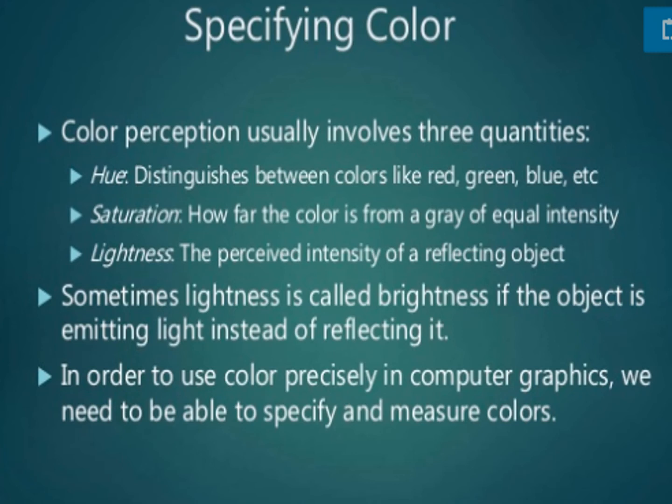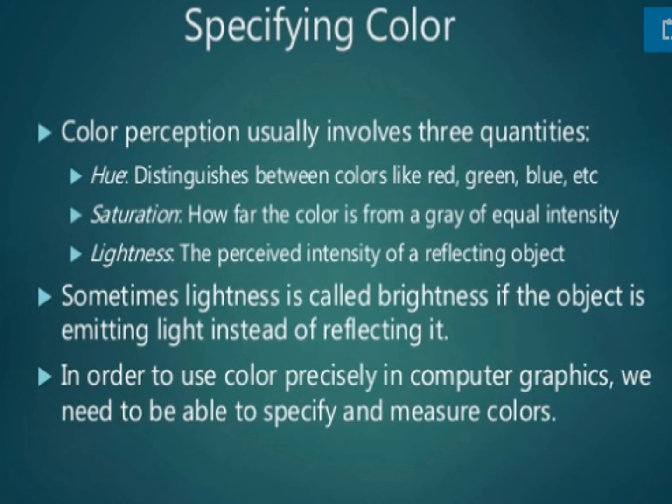Saturation is how far the color is from a gray of equal intensity. Lightness is the perceived intensity of a reflecting object. By these three quantities, we are able to perceive the color. Sometimes lightness is called brightness even if the object is emitting light instead of reflecting it.